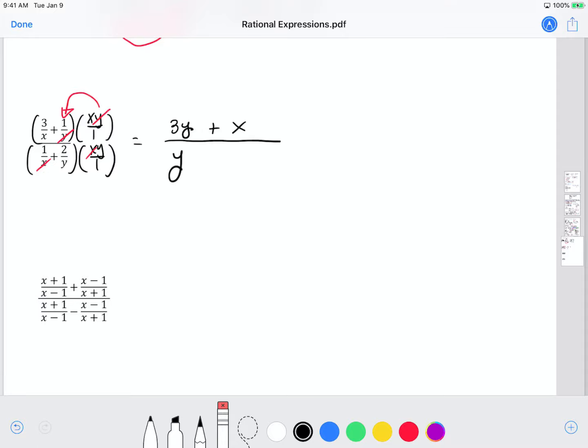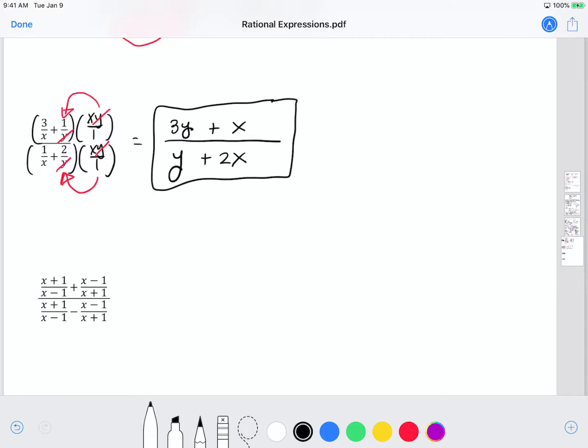Let me clear this out so I can do the next one. Now I'm going to take xy times 2 over y, and I can cross off my y, and I'm left with just 2x. So now this will be my final answer.